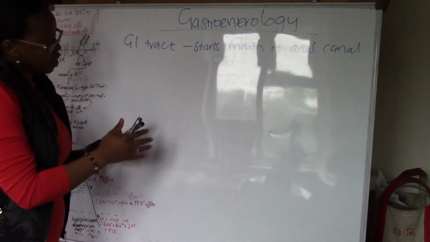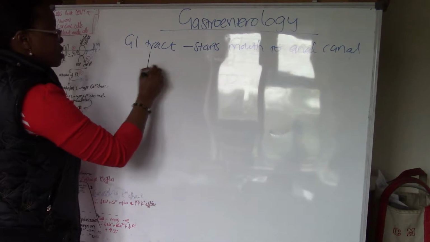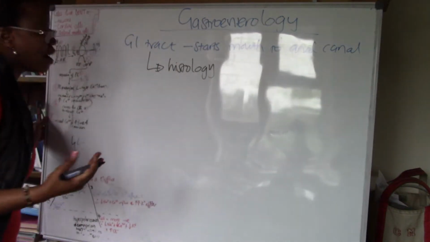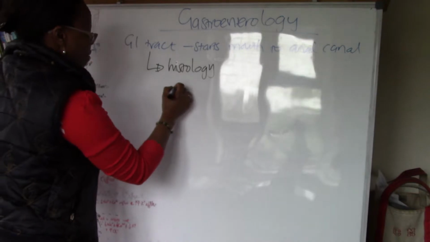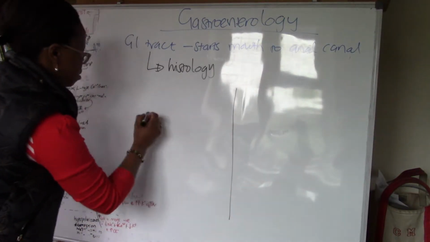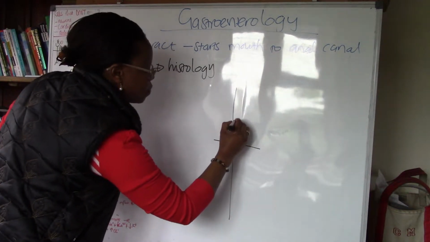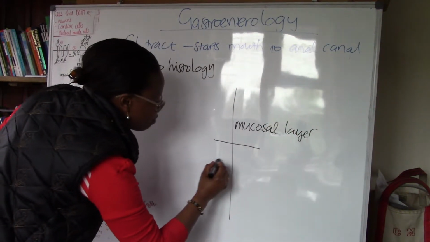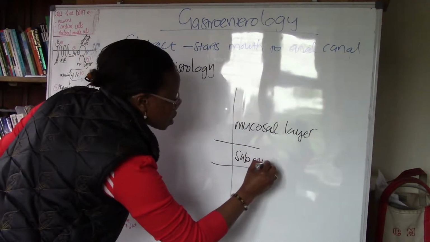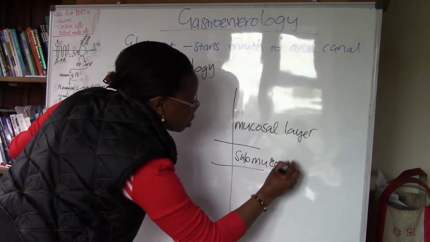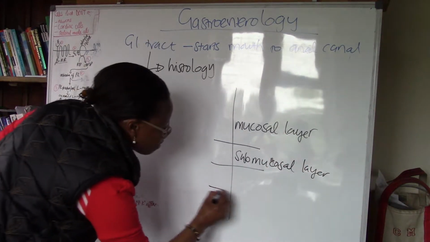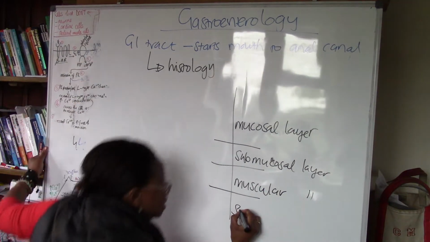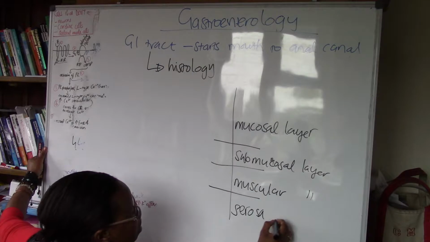Now the histology of the GI tract is quite similar throughout, in the sense that we have a mucosal layer, then a submucosal layer, then a muscular layer, and finally the serosa, which is the outermost.